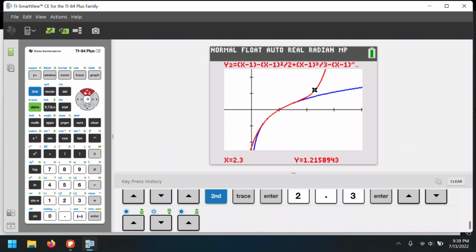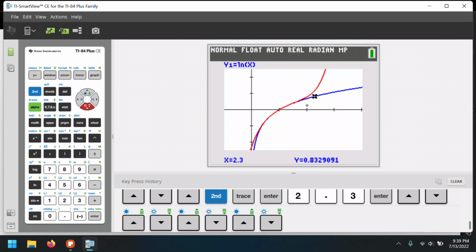Well, there are a couple of ways that we can obtain a good approximation for 2.3. Number one is to do the whole process of taking these 5 derivatives, but instead of centering our value at 1, we will be centering it at a closer value. How about at 2? That's going to be a much better approximation.